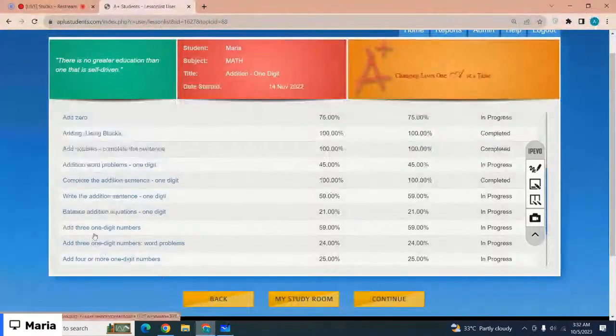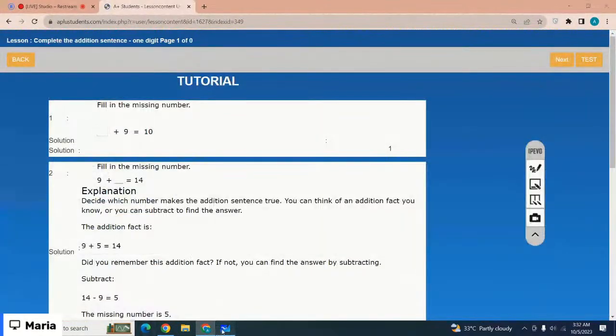For example, you are given 3 plus the missing number equals 5, right? You are given one of the numbers and you have to find the other one. So how do you find the other one?